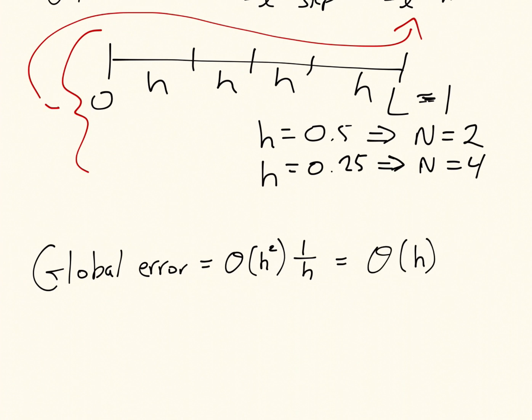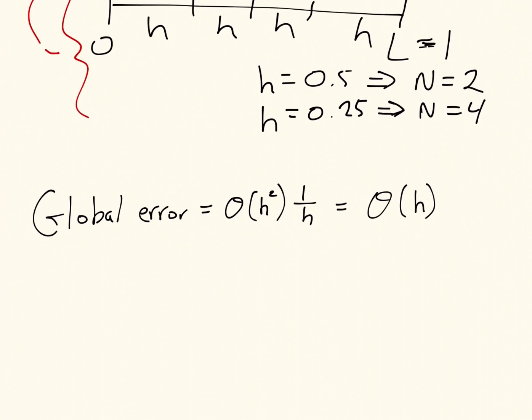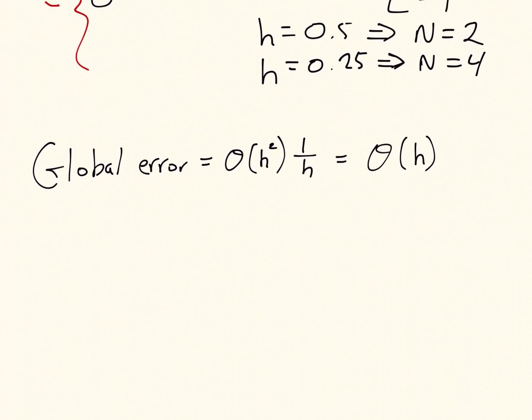That means the error between our numerical solution and our analytic solution should scale like our step size. So if we reduce our step size, our error should go down, and the relationship should be proportional. Let me just write that one more time down here. So let's say our global error is equal to the order of h.